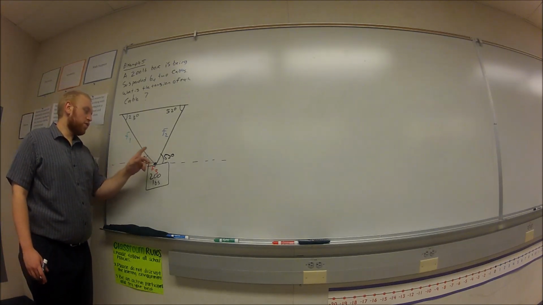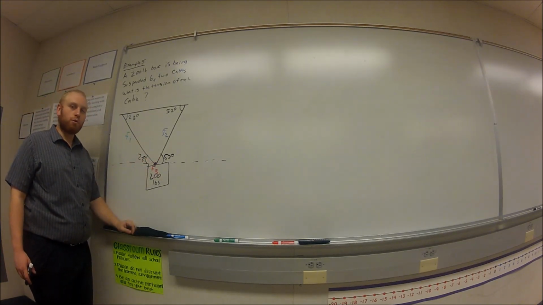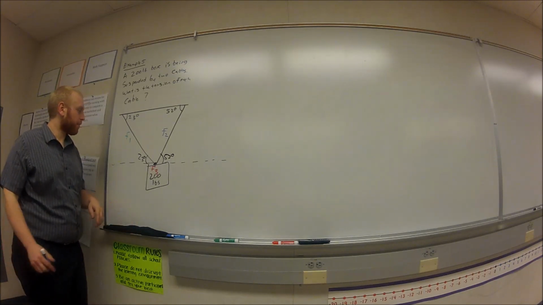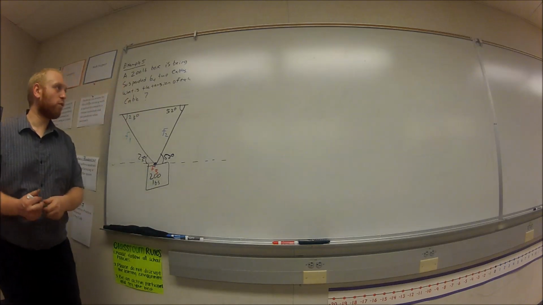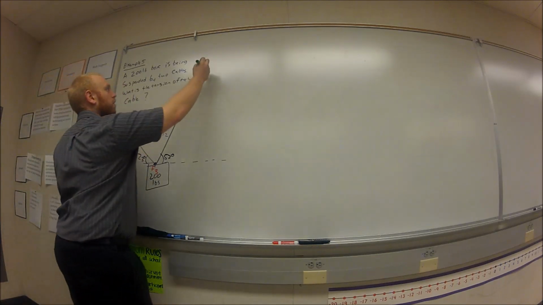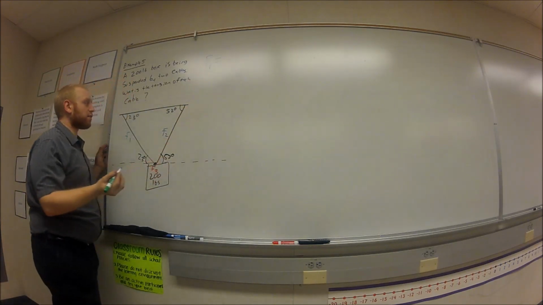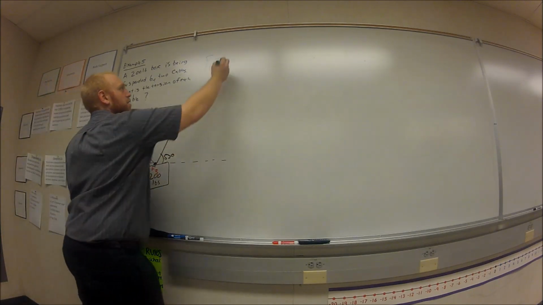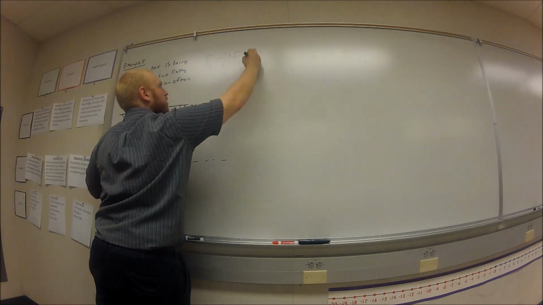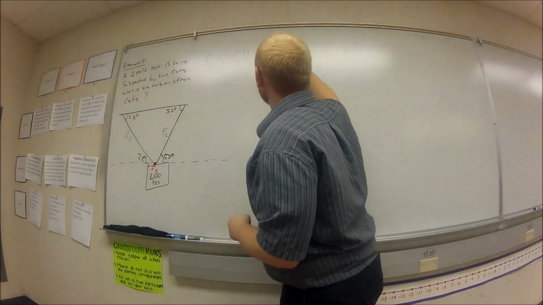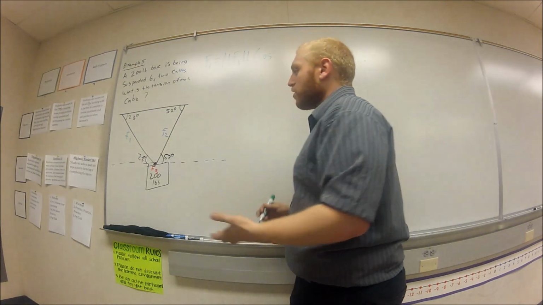First thing, notice 23 and 52. You don't know those angles, so we have to use a calculator. Let's start with force 1. Well, we know that the vector for force 1 has to be its magnitude times the cosine of its direction angle i plus the sine of it j.